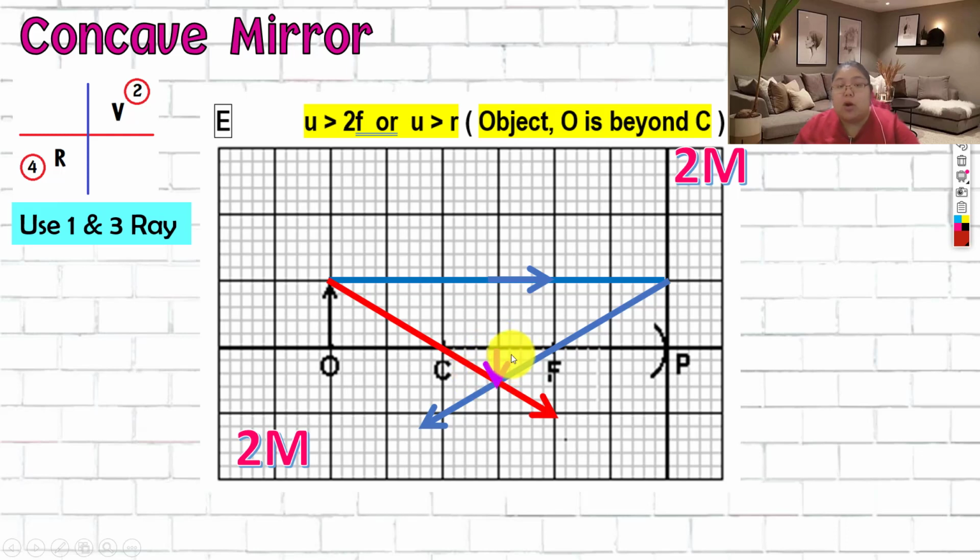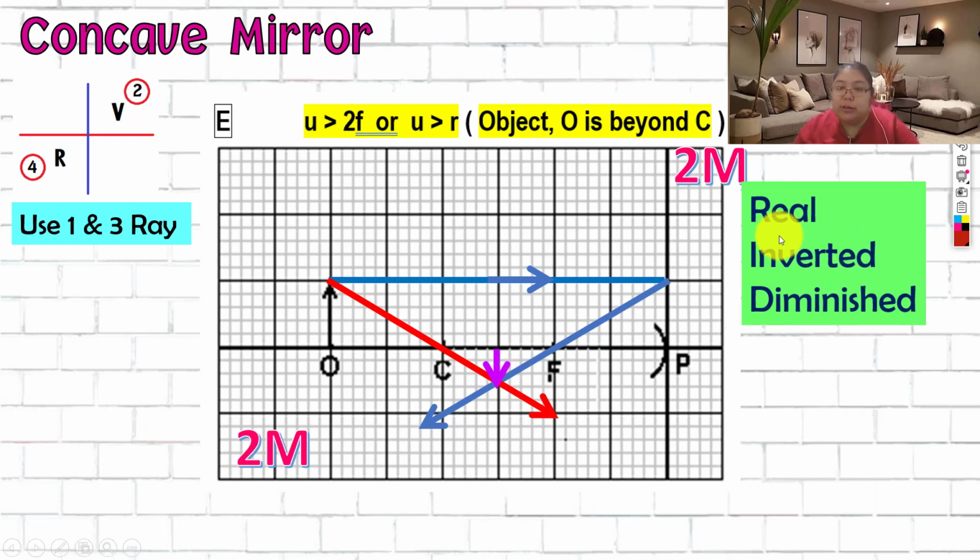That is the conclusion from this ray diagram. So the characteristics are real, inverted, and also diminished. Diminished means becoming smaller. This is the concave mirror characteristic.